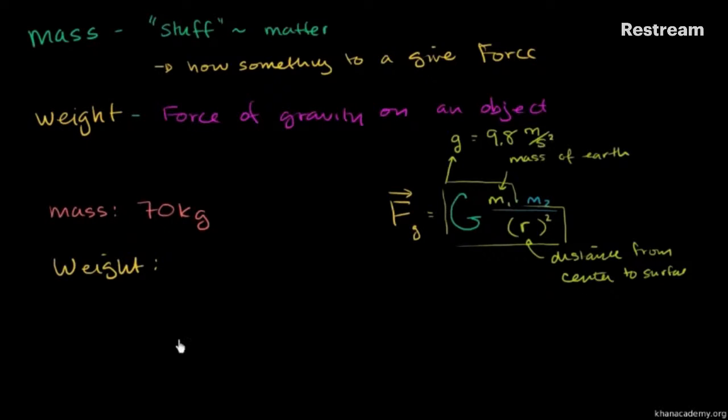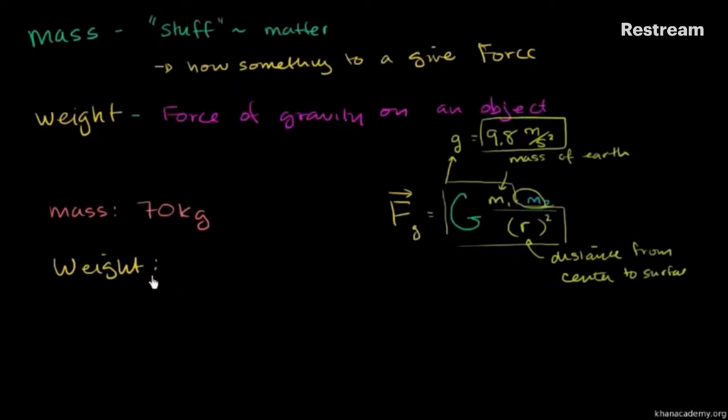So the force of gravity near the surface of the Earth is going to be this quantity right over here times its mass.